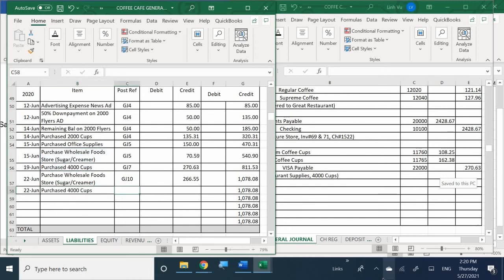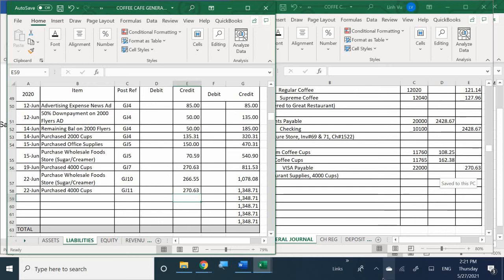GJ11, for a credit of 270.63, which gives you a running balance of 1,348.71. Good.